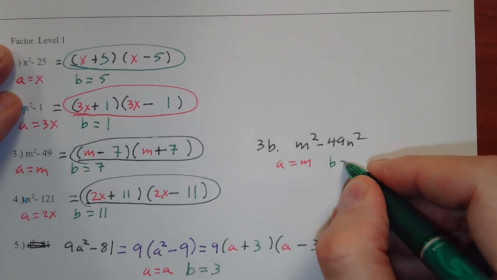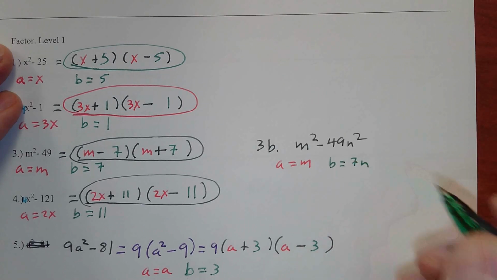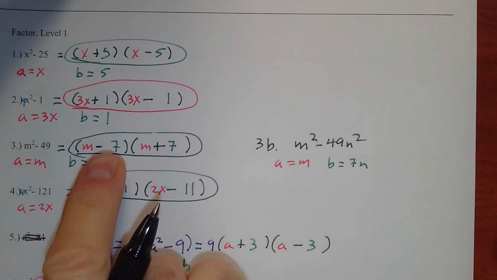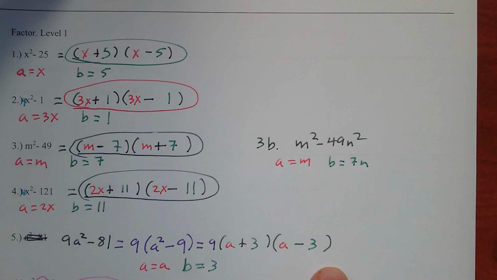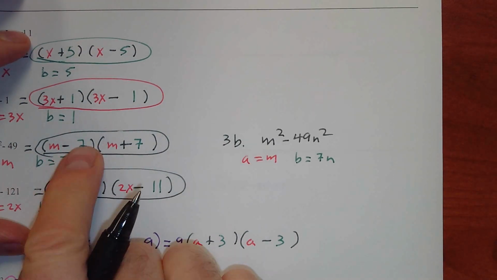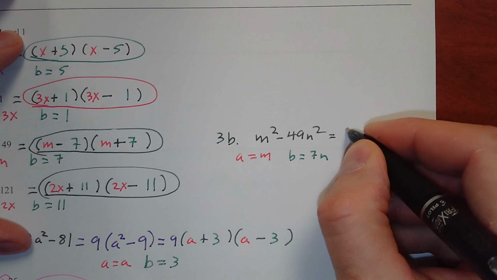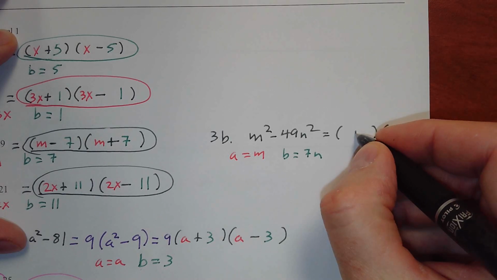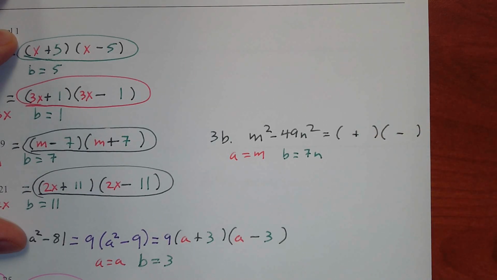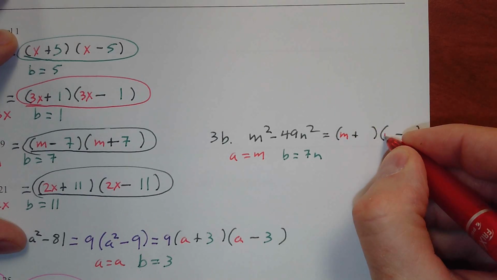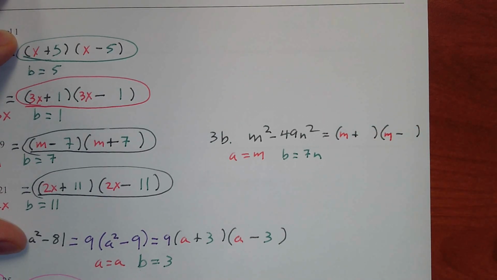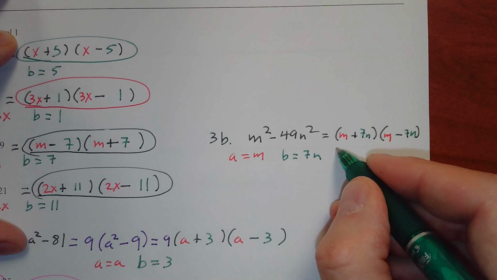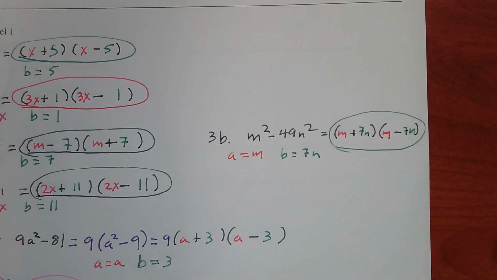B here would be 7n. So the way your answer would change is that you would just have n's here after the 7s on each of those last terms. See if I can squeeze it in here. But it works exactly the same way.